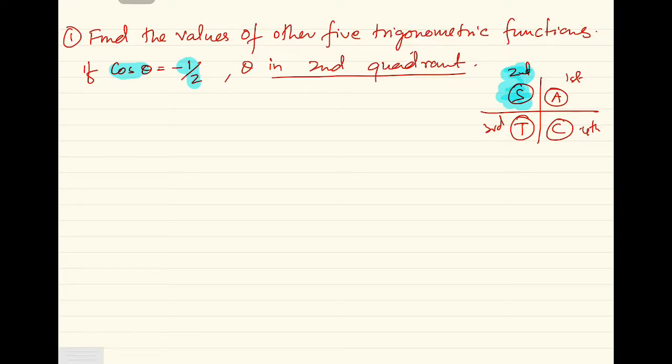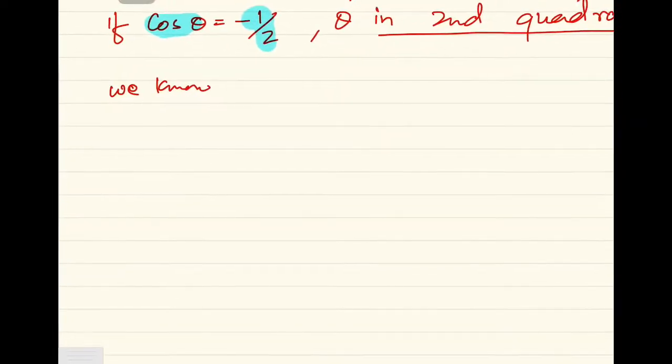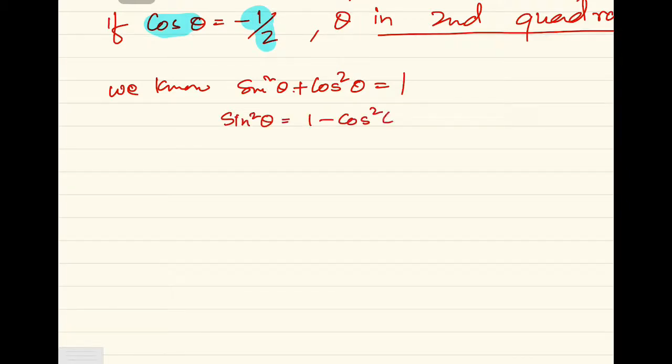Correct? So let's start. We know, let me zoom it a little, sine square theta plus cos square theta is how much, everyone? 1. So from here, can I do sine square theta will be 1 minus cos square theta. That way sine theta will be under root 1 minus cos square theta, correct? But I know the value of cos theta.